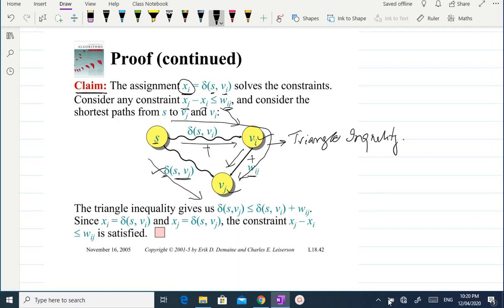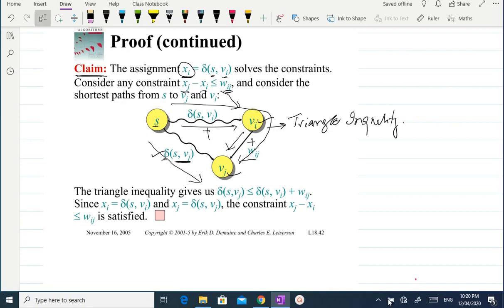So using the triangle inequality, we can rewrite this whole thing like this: delta s vi, the shortest path between s to vi, plus this path, the shortest path between vi to vj, should be either greater than or equal to the shortest path between s to vj.